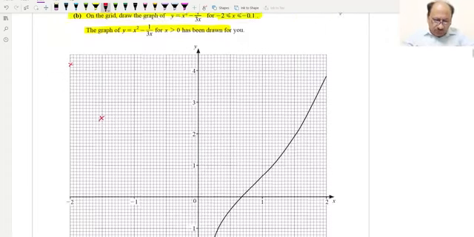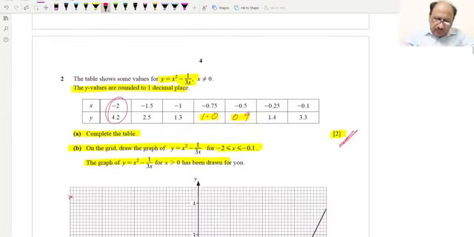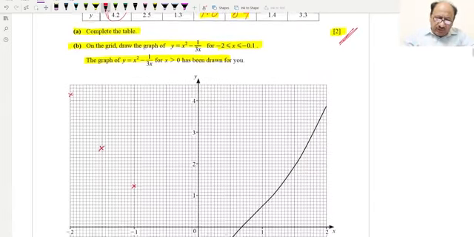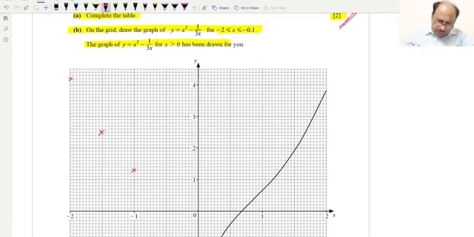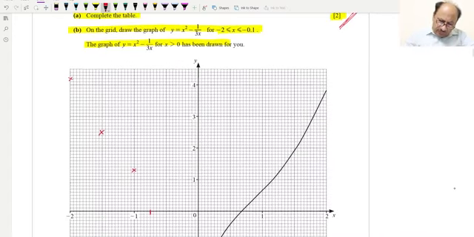Then -1 and 1.3, -1 and 1.3 is this mark, and then -0.75 and 1. -0.75 will be this one, -0.75 and 1.